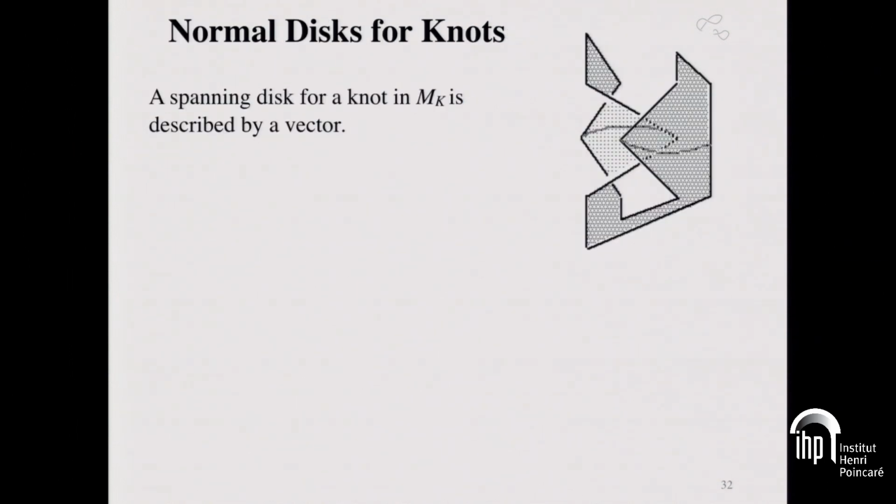And then given a knot, a disk that spans the knot, that certifies that it's an unknot, will be given by some integer vector with 7t coordinates.